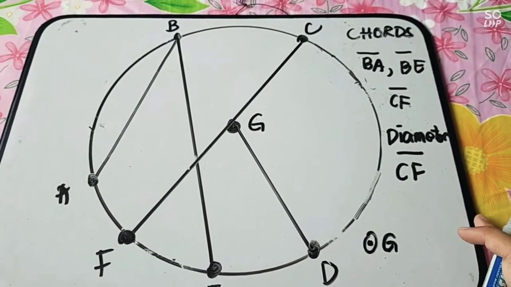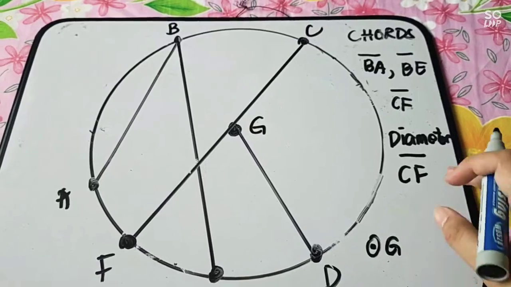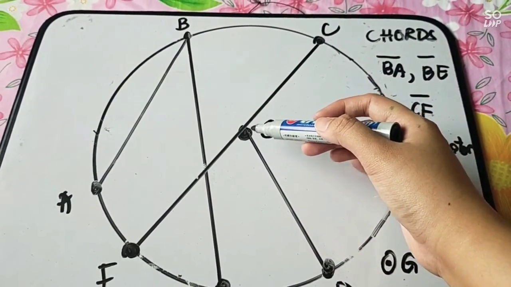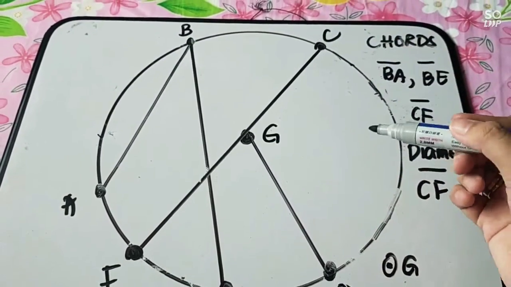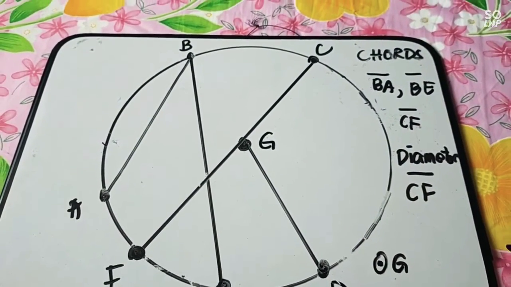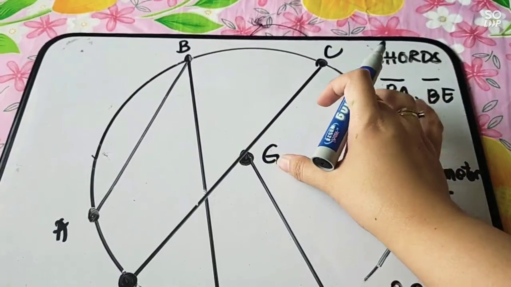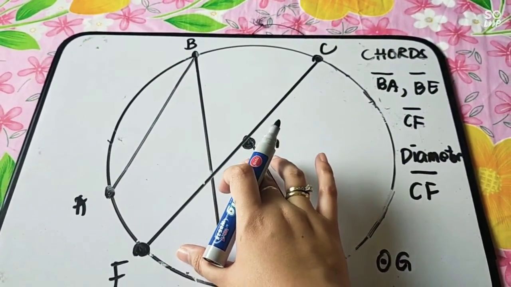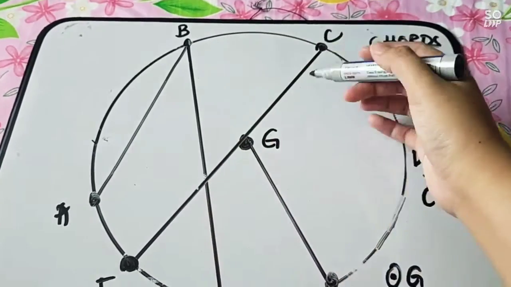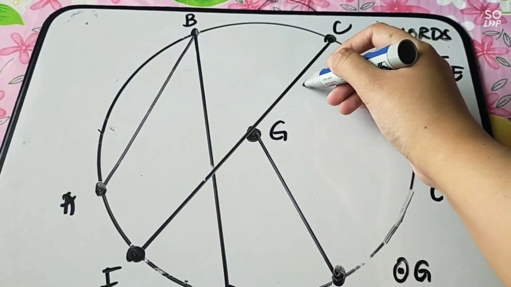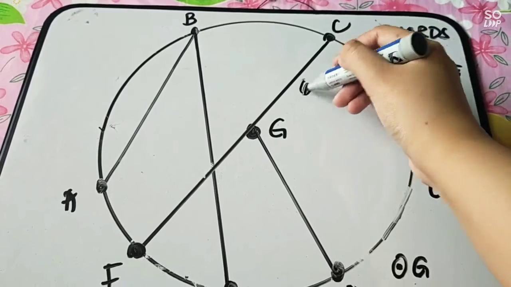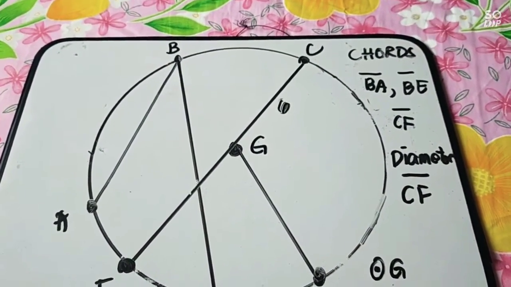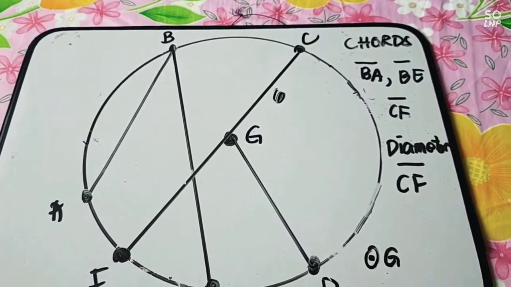Is it clear? As you can see, si diameter po ay kalahati naman siya. Ang kalahati niya ay tinatawag nating radius. Tingnan nyo, binubuo siya ng dalawang radius. Itong si ating diameter, if this radius is, for example, 6, what is the length of our diameter CF?